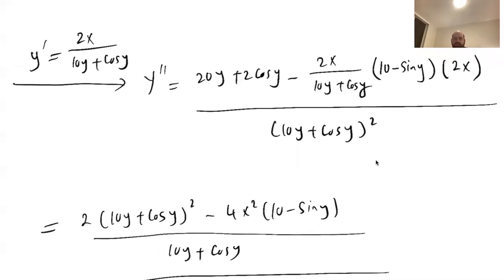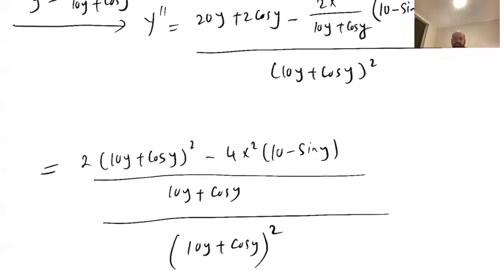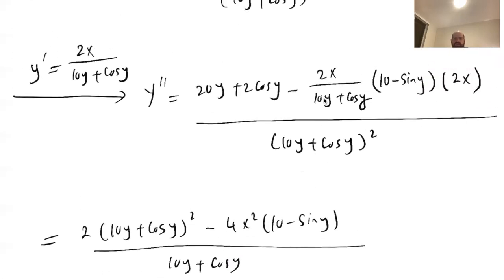Okay, so see, in the numerator, the denominator I still wrote the same thing. In the numerator, 10y plus cos y is the common denominator. And this is 2 times 10y plus cos y. So then it's going to be 2 times 10y plus cos y times another 10y plus cos y, which is 2 times this expression to power 2, minus whatever is left here, 2x times this guy. So 4x squared times 10 minus sine y, divided by 10y plus cos y.